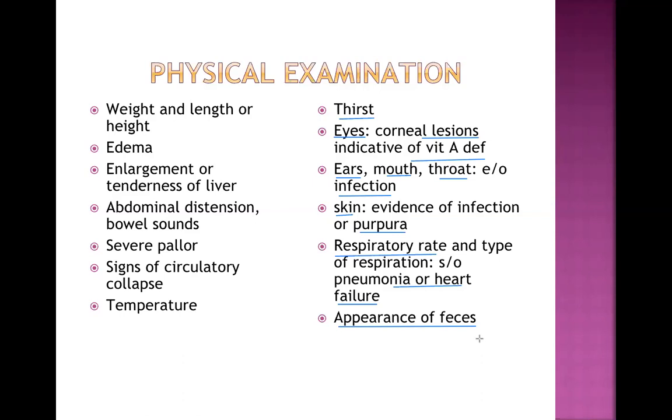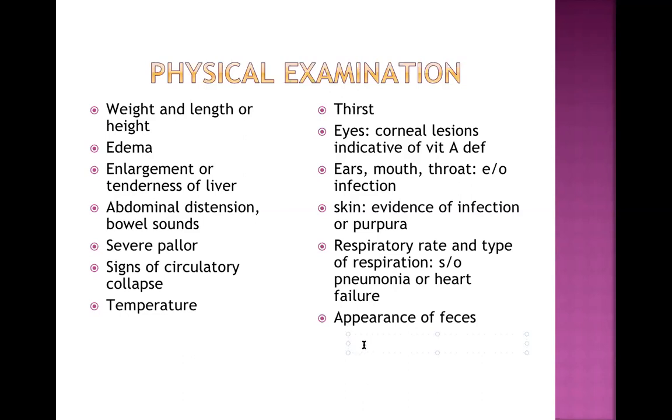Now let me ask you a simple question. If there is mucus and blood in the stool, what do we call that? Melena. Now that may be a little bit difficult question for you, so let me write it here.